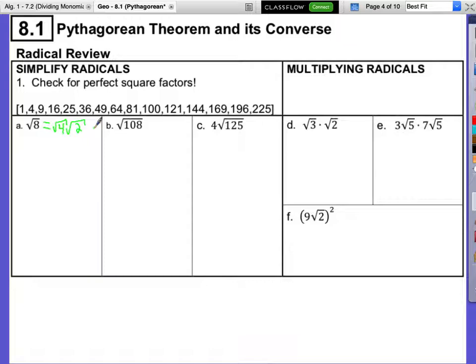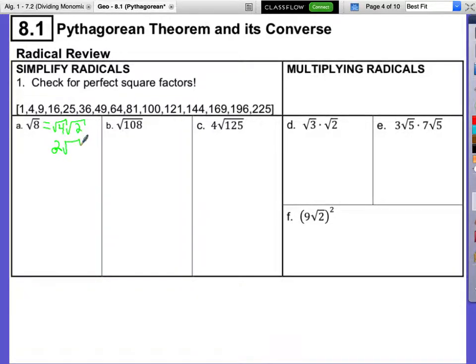Now the reason we look for a factor that's a perfect square is because we can say the square root of 4 is equal to what normal number? 2. So do we have it in the square root anymore? No, because it's a normal number. But what happened to this one? Do we know the square root of 2? Is it a perfect square?